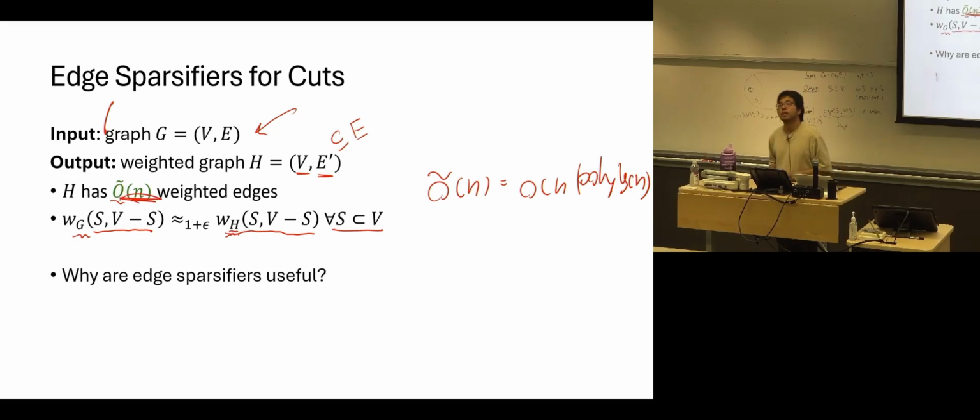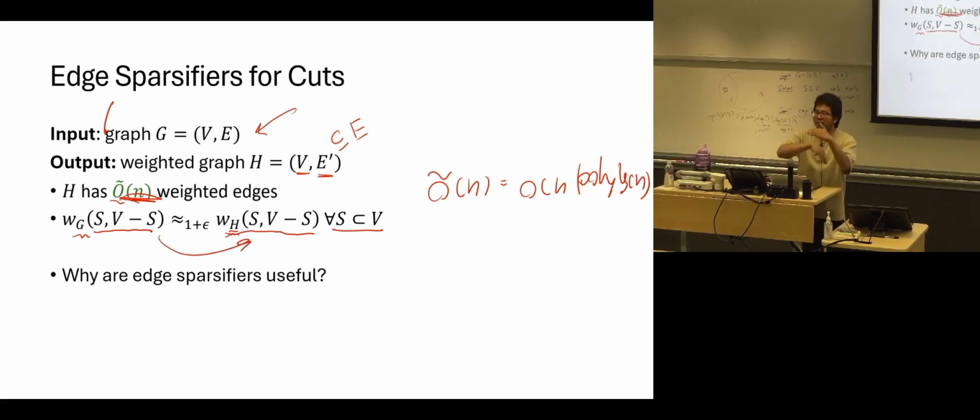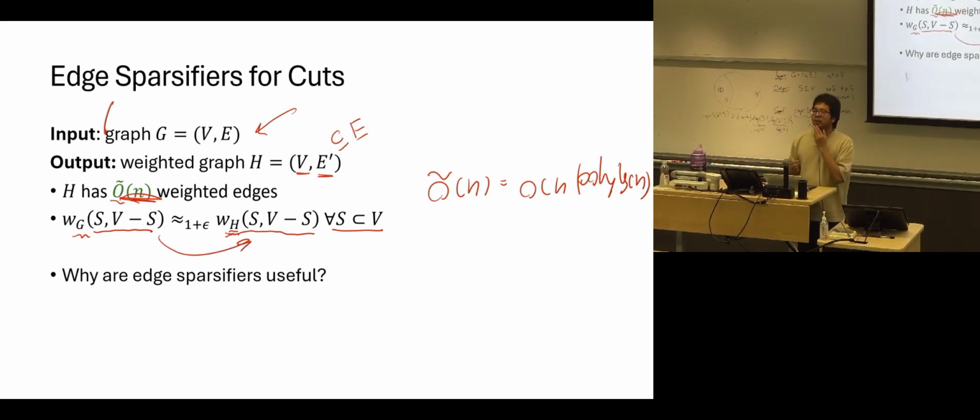It could be. Right now, what we preserve here is just some number for every cut. It preserves the value. I'm not sure how to encode it. Okay, more questions?